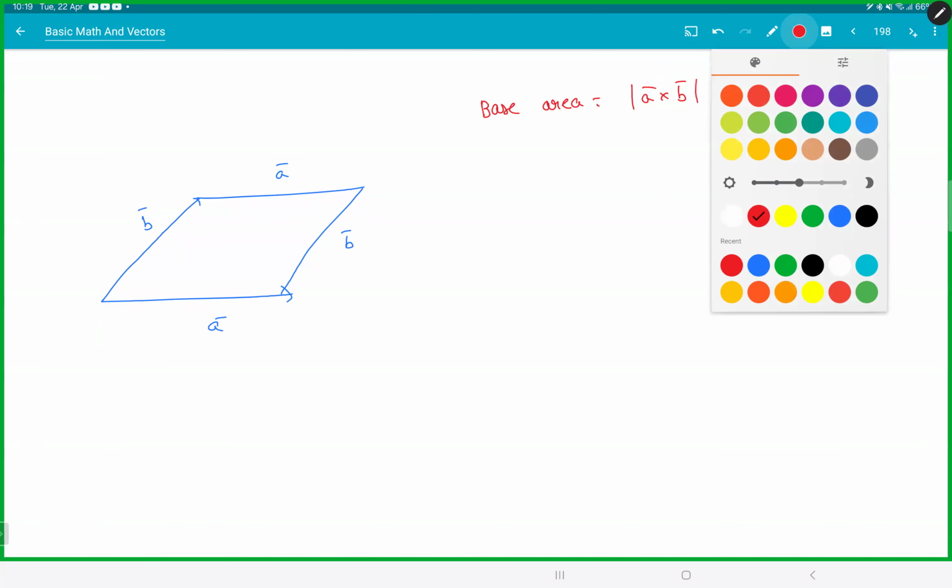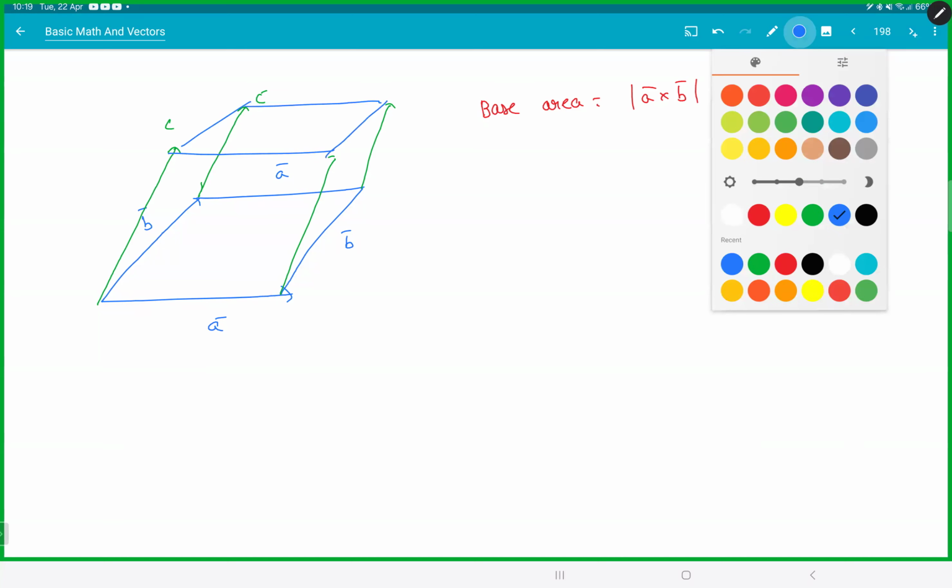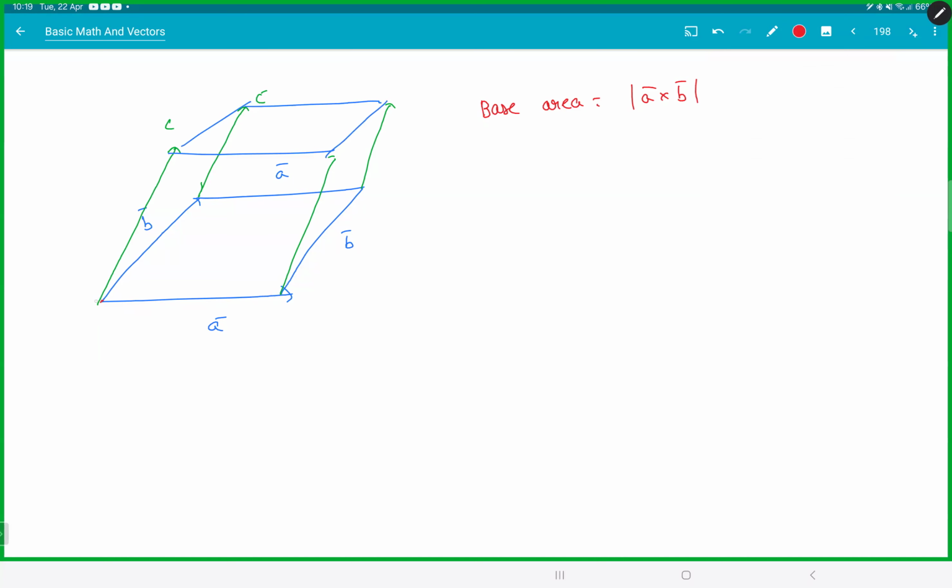Then bring your C bar, and now join them. You get a parallelepiped. Now for A and B, this vector will be A cross B, so that's a vector perpendicular to both A bar and B bar.